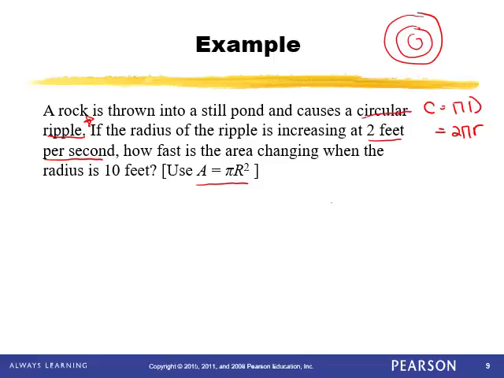Here it's giving you the formula, A equals pi r squared. The radius is changing, and so that is dr/dt, and that is 2 feet per second. Let's find out how fast this area is changing when the radius is 10 feet.